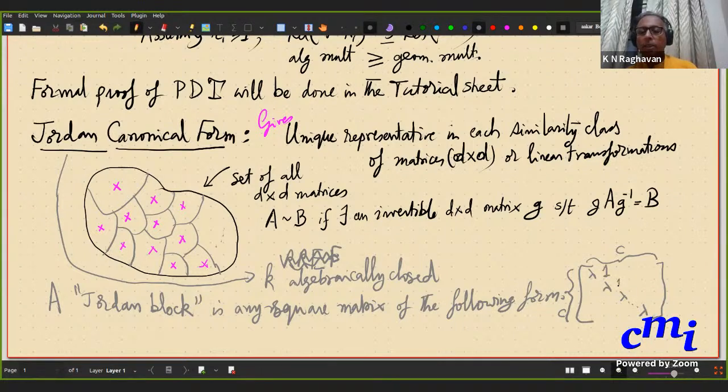All the entries just above the diagonal are 1, and the rest are all 0. By these big zeros, I mean all other entries are 0.